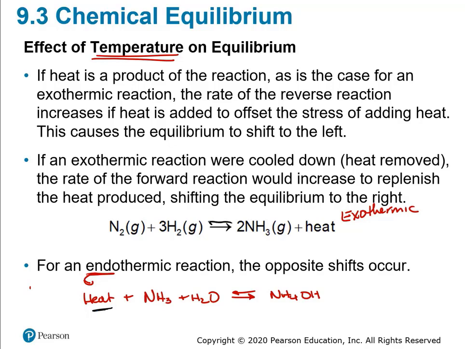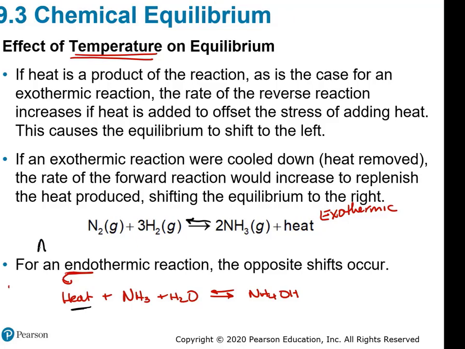So if I have this at equilibrium and you add heat, the reaction for the first one would shift to the left, or towards the reactant side. But with the bottom one, if I added heat, the reaction would shift away from heat and it would shift towards the product side.